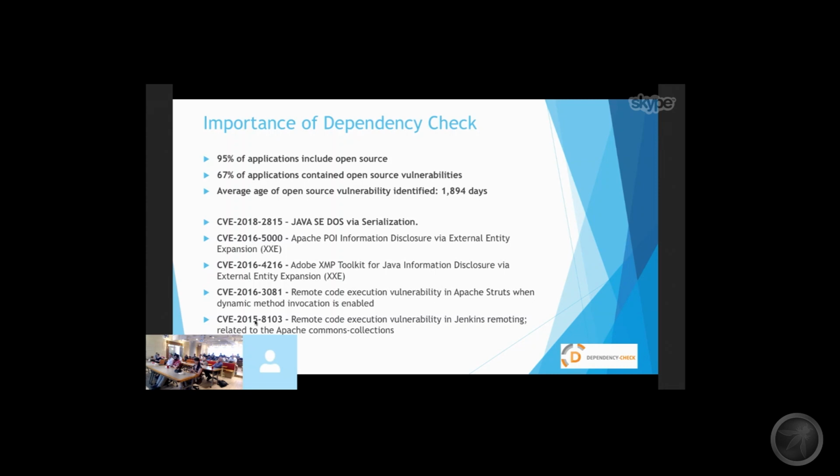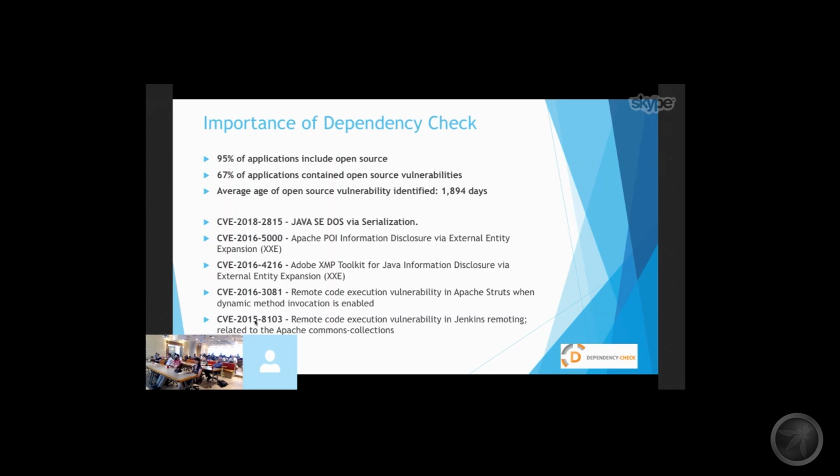It created havoc in the industry, as a lot of applications were vulnerable to remote code execution. Literally, all the hackers could do remote code execution on our applications. In the end, Jenkins released a patch, and then Apache also released a patch on top of it. But nobody took the ownership of it.